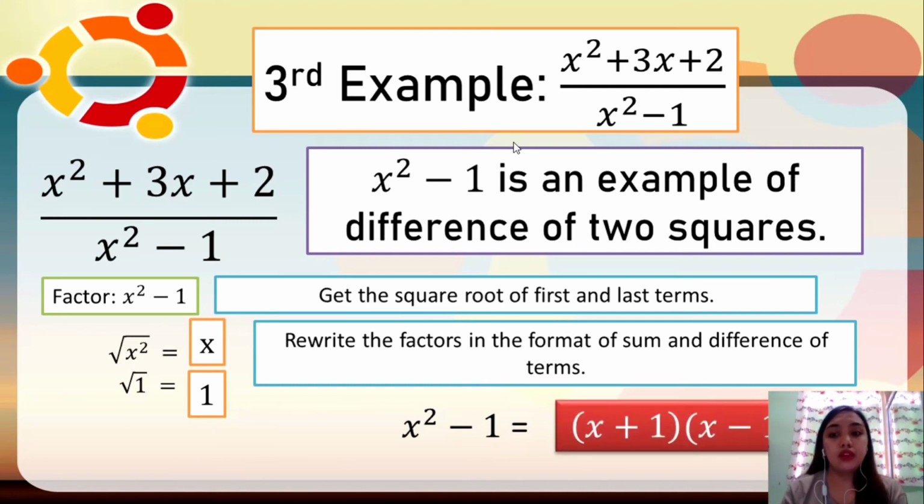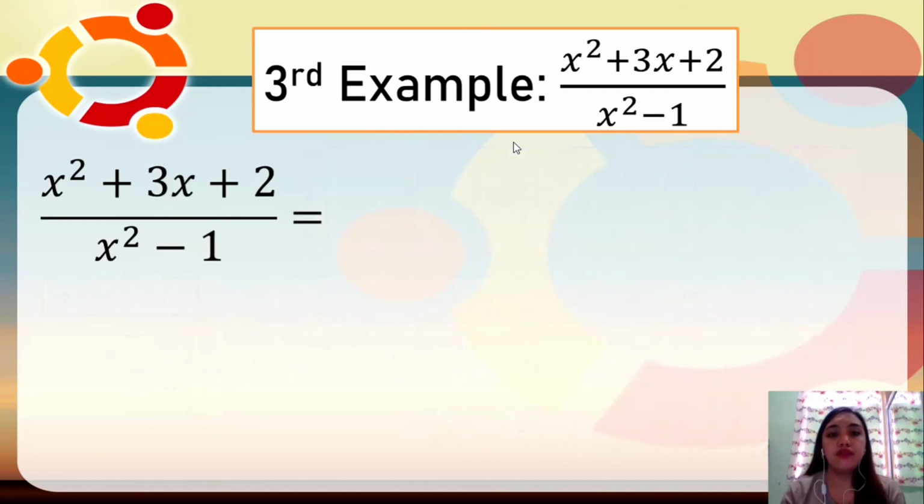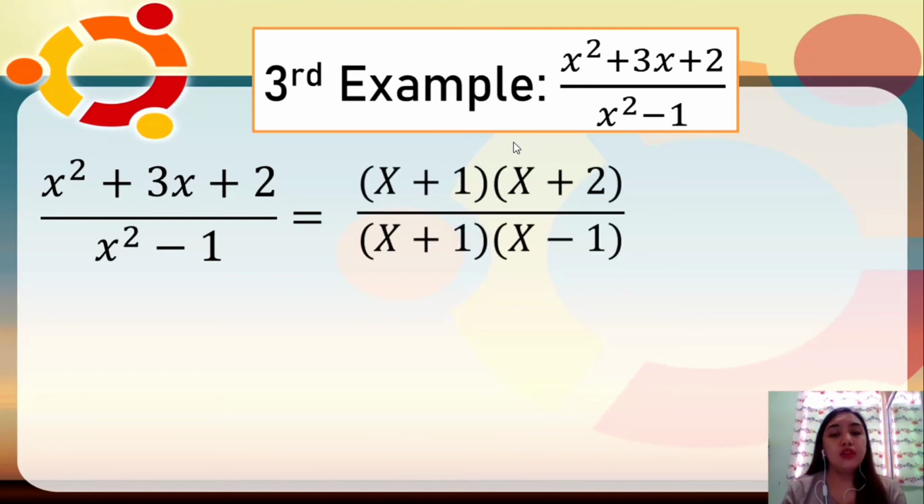So, x plus 1, x minus 1. Now, let us write all the factors. Again, what is the factor for the numerator? We have x plus 1 multiplied by x plus 2. Siyempre, yung sa x squared minus 1, papalitan din ng x plus 1 multiplied by x minus 1.